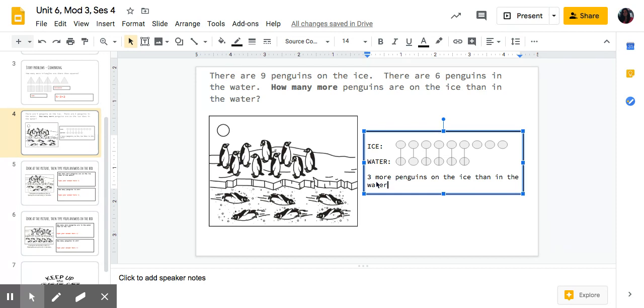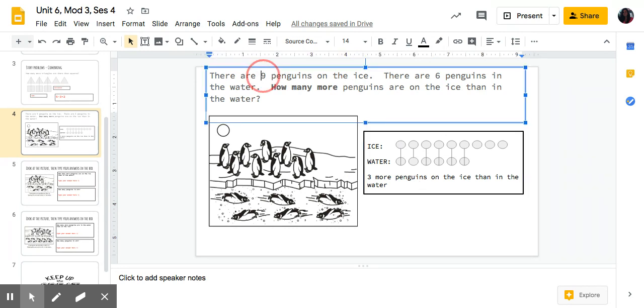But now I also want to come up with an equation that's going to match my story problem. So just like before, I'm going to start with my greater number. And I know there's more penguins on the ice than there is in the water. And there's 9 penguins on the ice.